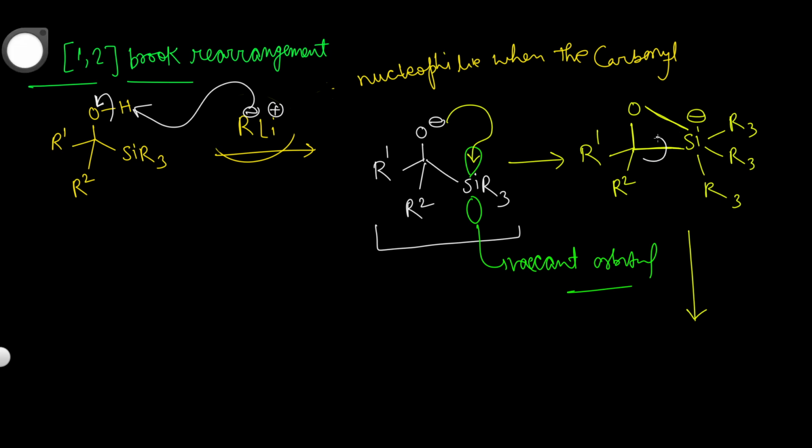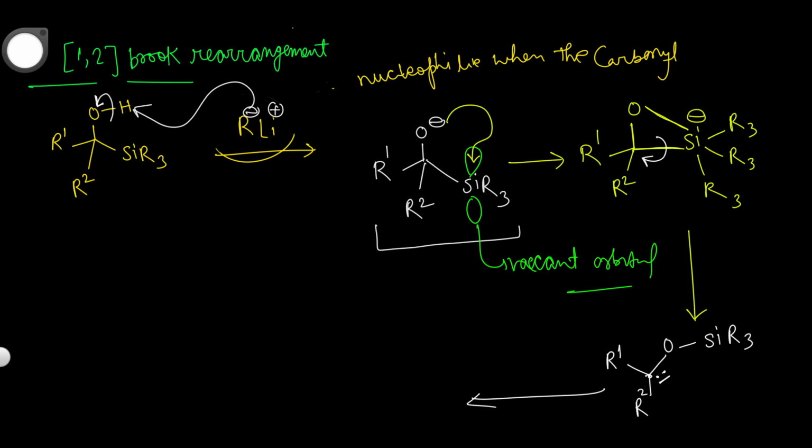This bond will break, leaving the negative charge on this carbon as a carbanion, and you will find something like this: R1, R2, here is an O, and here SiR3, and here is R2, with a negative charge on this carbon, and that is a carbanion. Okay, and what happened next?